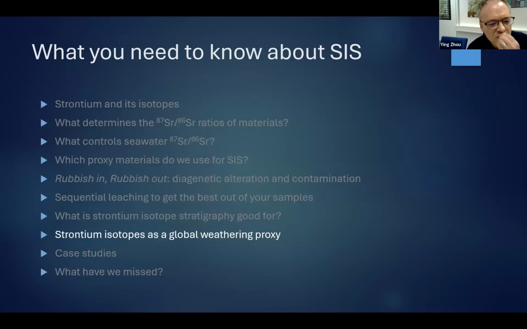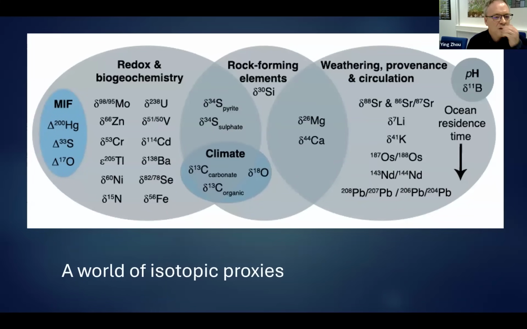So finally, a lot of us are interested in how we can use strontium isotopes as a global weathering proxy. So this is where we will end up. Radiogenic strontium isotopes are one of many proxies that can be used for weathering. Due to its long residence time, it can look at globally integrated weathering rates, but it is a proportional parameter. Of course, it's relative to the input from mantle hydrothermal exchange.